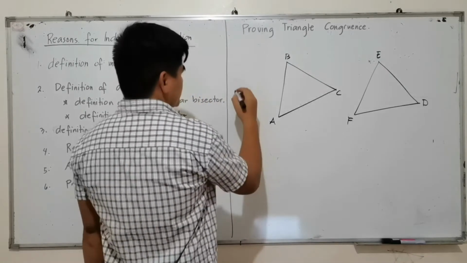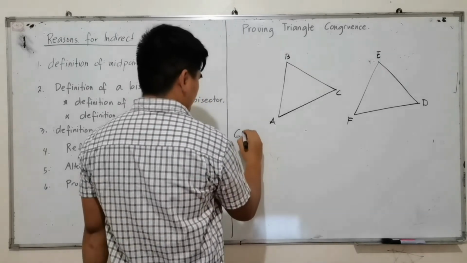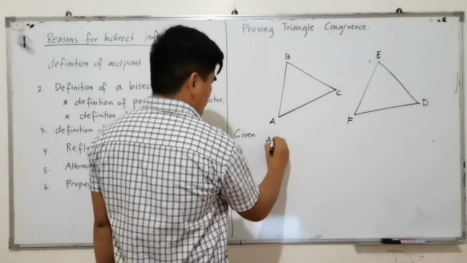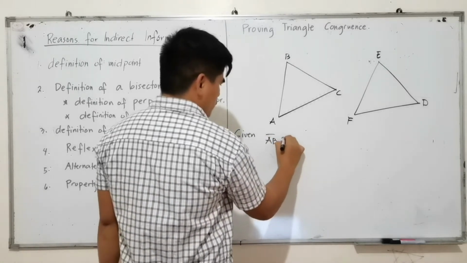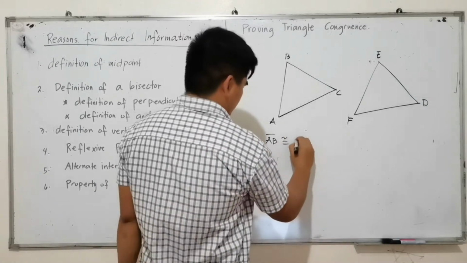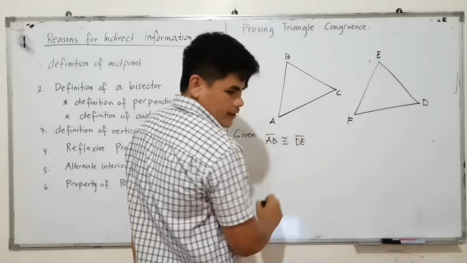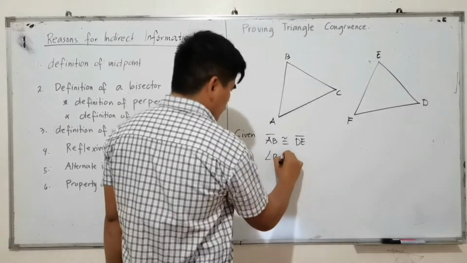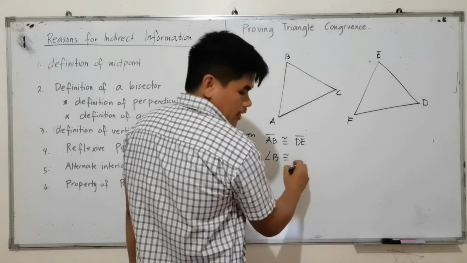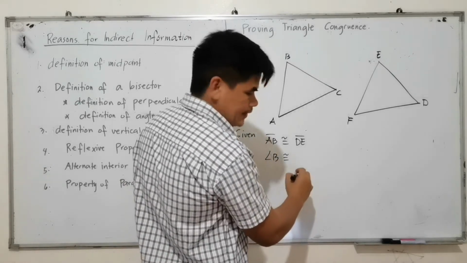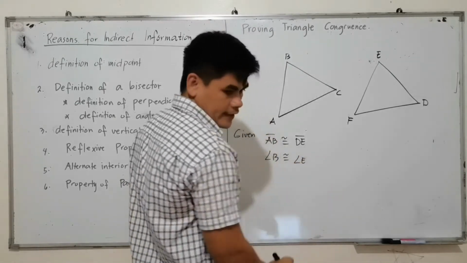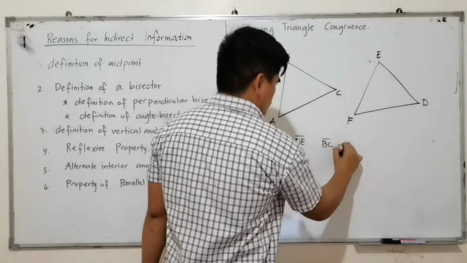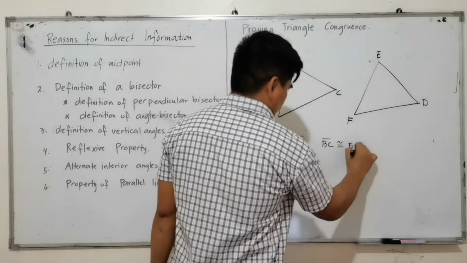The given is AB is congruent to DE, and angle B is congruent to angle E. Another given is BC is congruent to EF.